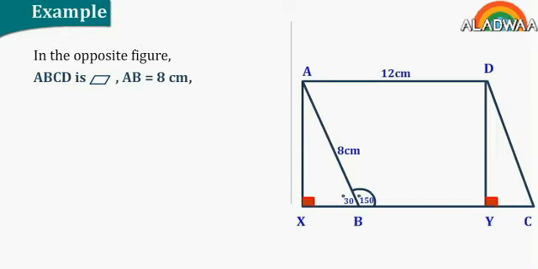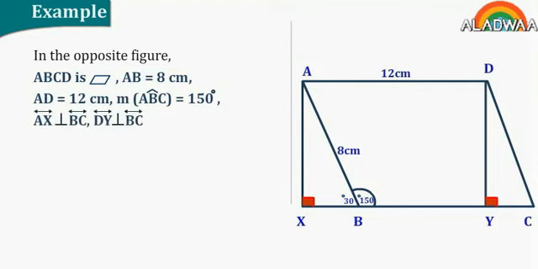The measure of angle ABC equals 150 degrees. AX is perpendicular to BC, and DY is perpendicular to BC. Find number 1, the surface area of AXYD. Number 2, the surface area of ABCD.